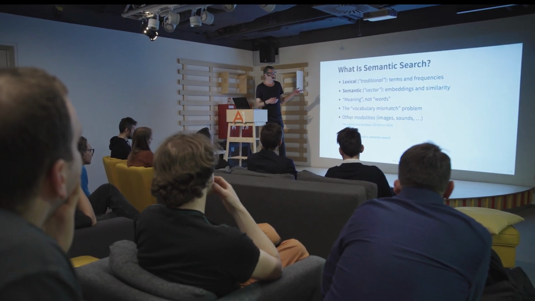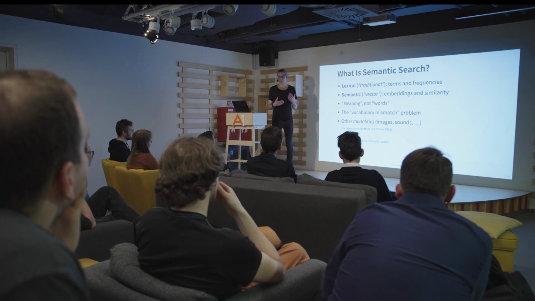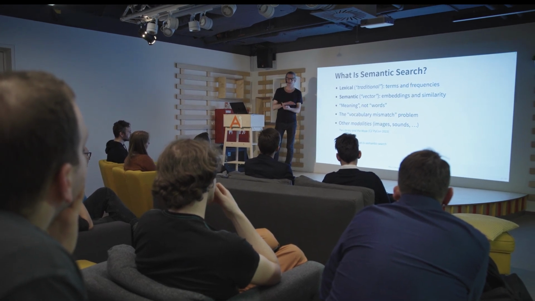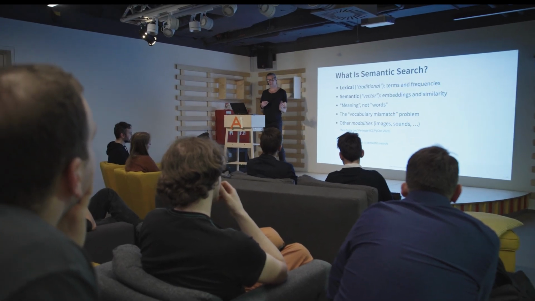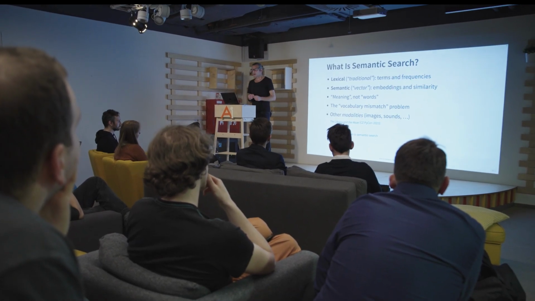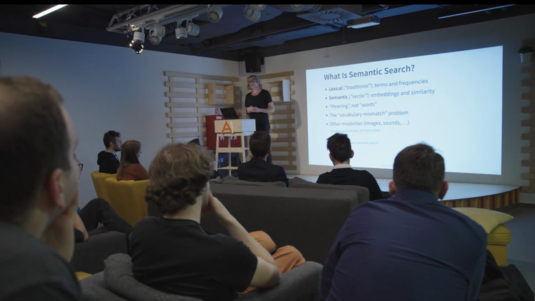The semantic search, or vector search, as it's sometimes called these days, works completely differently. It works with text embeddings and their similarity. And we'll go a little bit deeper into these topics on the next slides.